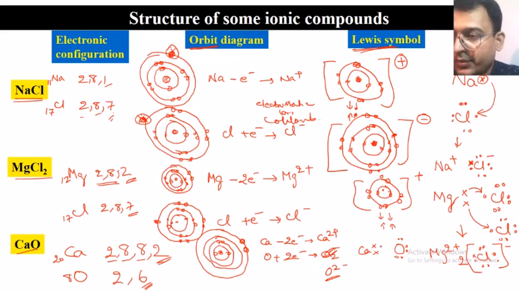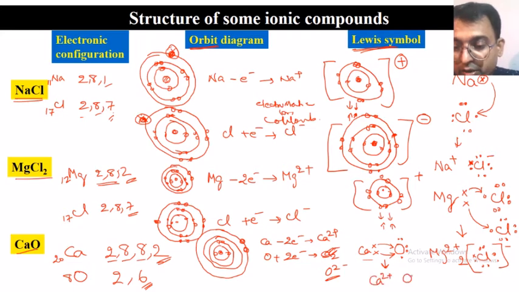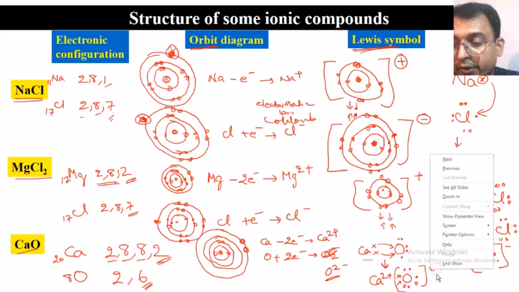So what is going to happen is the 2 valency electrons of calcium can be transferred to 1 oxygen atom, accepted by 1 atom of oxygen. So it is going to form Ca2+, and oxygen we will be representing in this way, and the overall charge on top of this will be 2 minus.